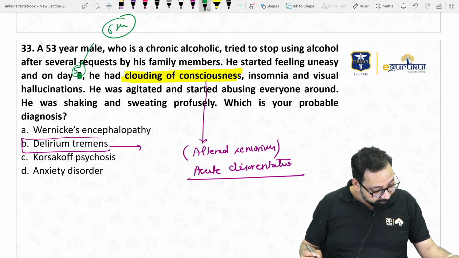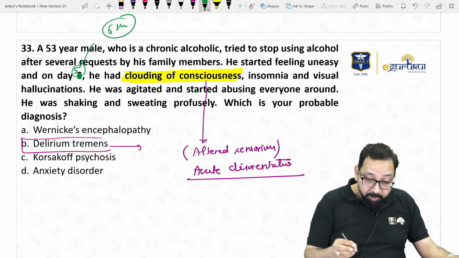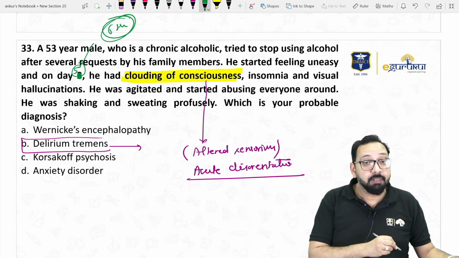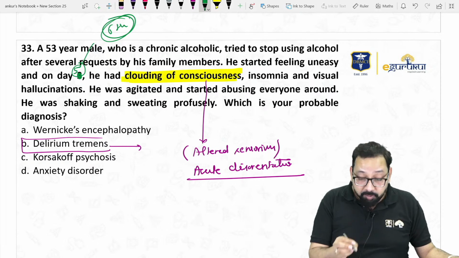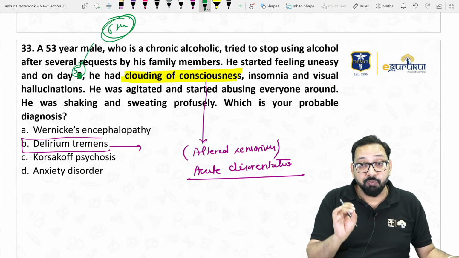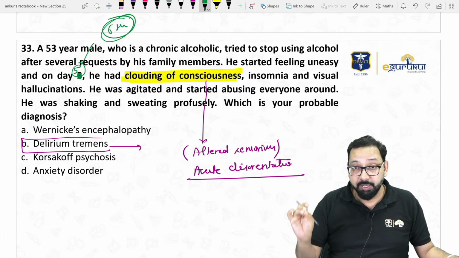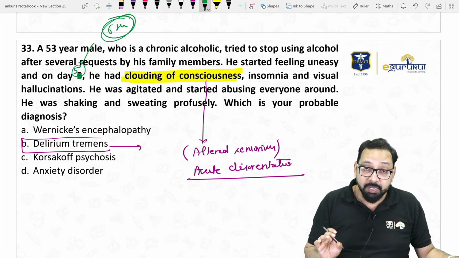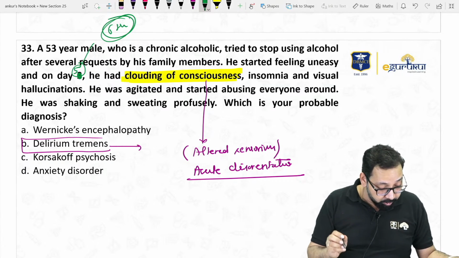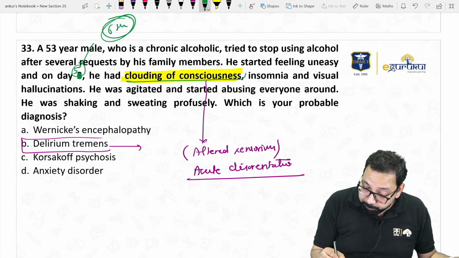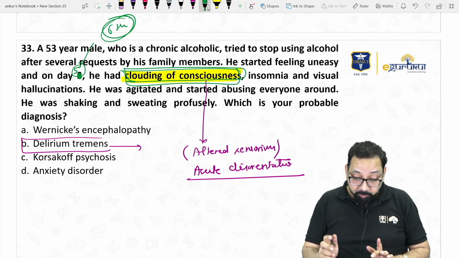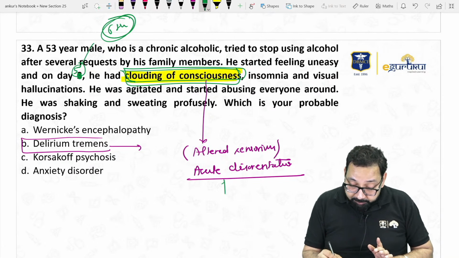No, it is not compulsory that delirium tremens would occur only on the 2nd or 3rd day. It may occur at any time, commonly on the 2nd and 3rd day, but the diagnostic point is clouding of consciousness. Clear? It is delirium.